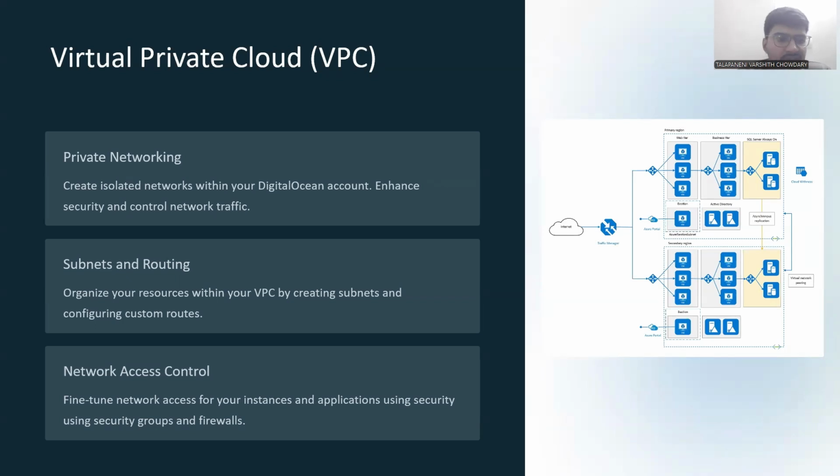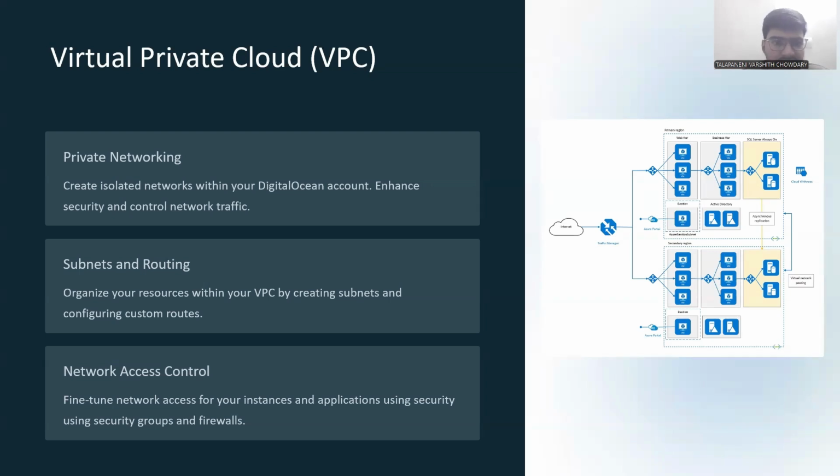With private networking, you can create your own isolated networks with DigitalOcean, and you can also enhance the security and control network traffic, because if you use a public cloud, then many people will be sharing the same cloud. So your website or your server might get so much traffic, and it might be very slow. If you prefer a VPC, you don't face that issue.